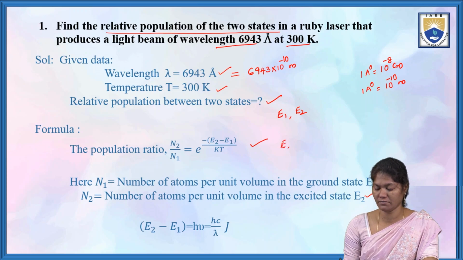E1 is the lower energy state, and E2 is the excited energy state.